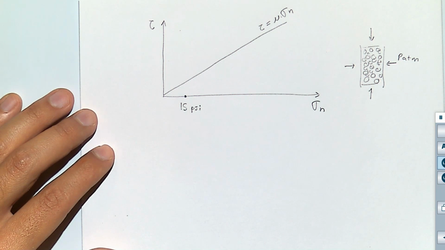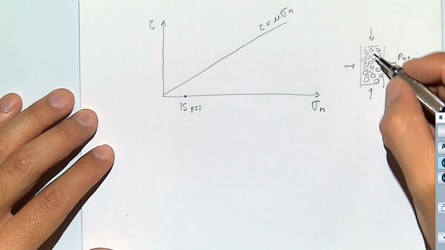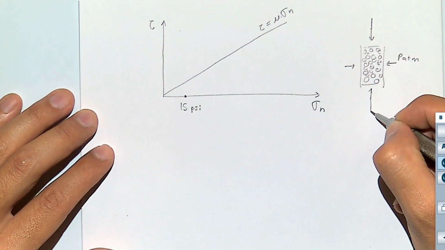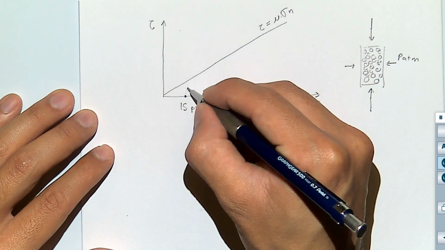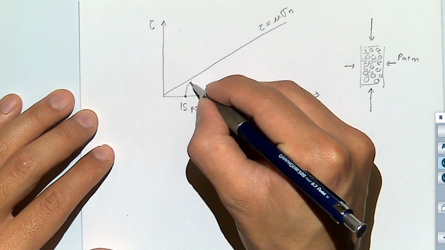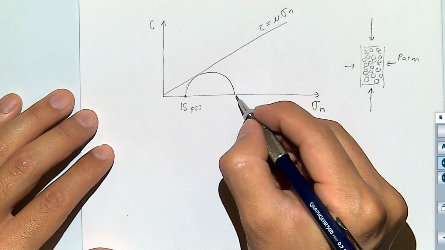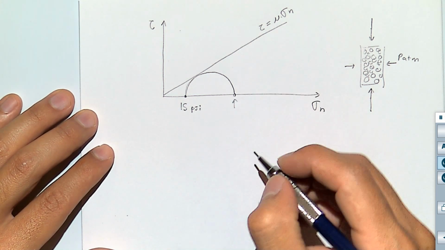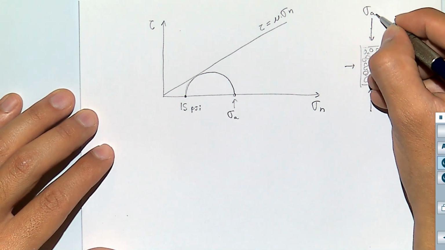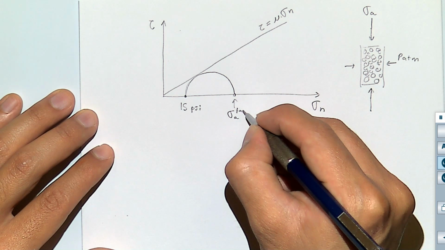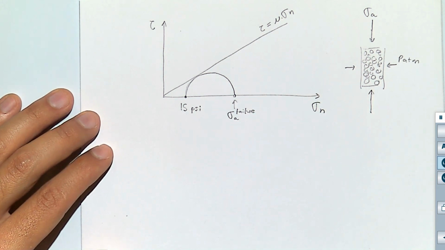If I manage to do that, I'm going to be able to load it with a bigger stress in the perpendicular direction that will be delimited by this shear line, and this is going to be the axial stress at failure or at shear yield.